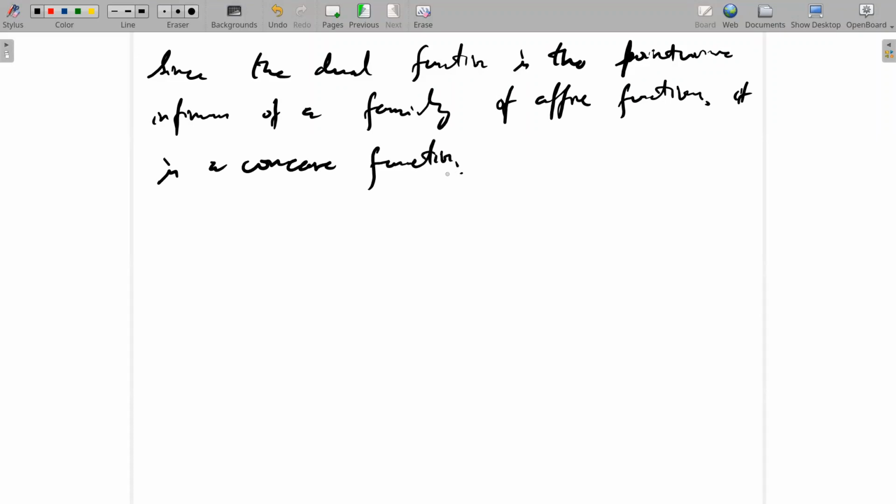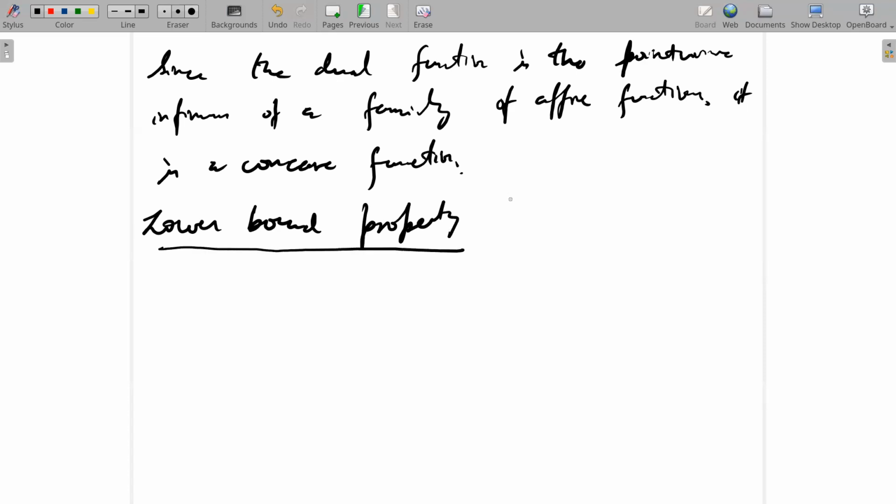So where does convex optimization come in? That we'll see once we understand the weak duality and the strong duality theorem in the context of these general optimization problems. Now we are going to make some connection with the duality theory that we have already studied. The lower bound property, this is in fact borderline trivial the way it has been defined, also known as the weak duality theorem.